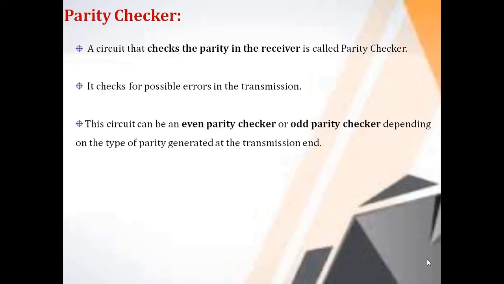As well as if the sender uses the odd parity generator, at the receiver side, he also uses what kind of parity checker? Odd parity checker. So this parity checker fully depends on which type of parity generator was used by the transmitter, right? The circuit can be an even parity checker or odd parity checker depending on the type of parity generator at the transmission end.